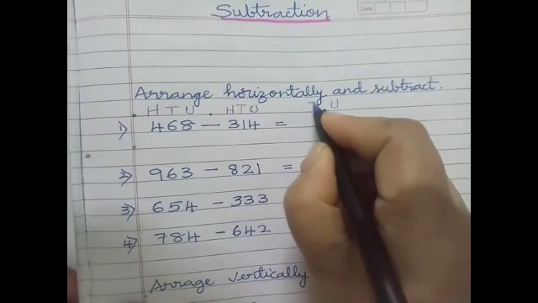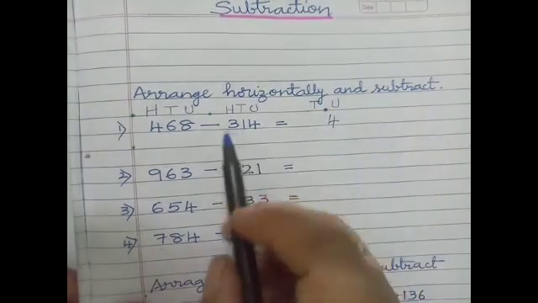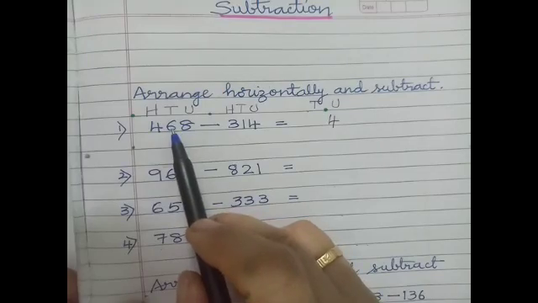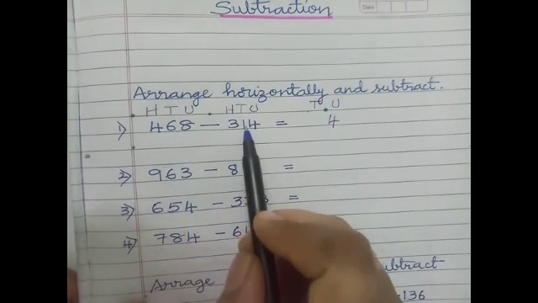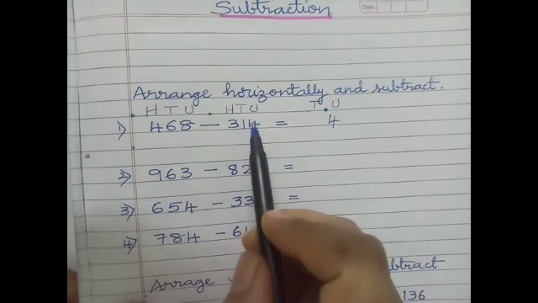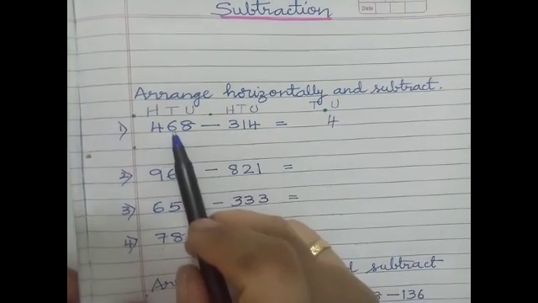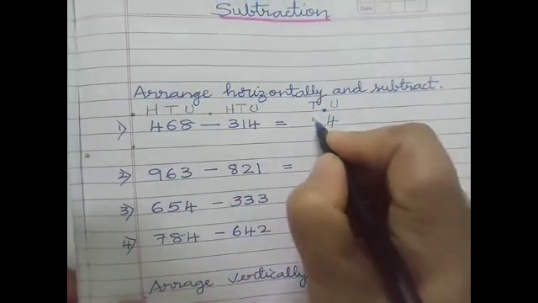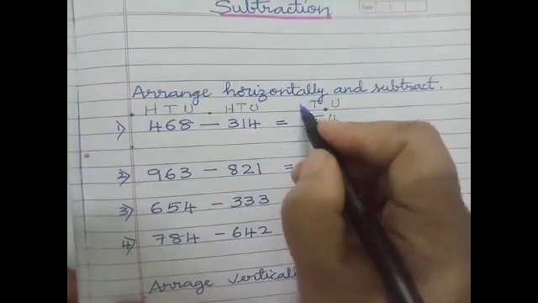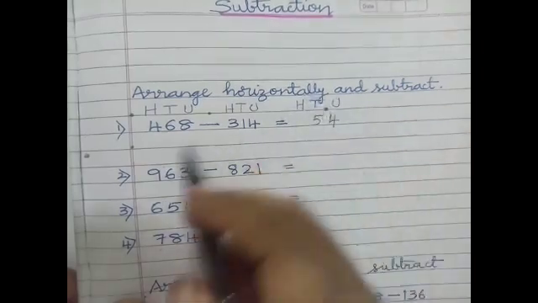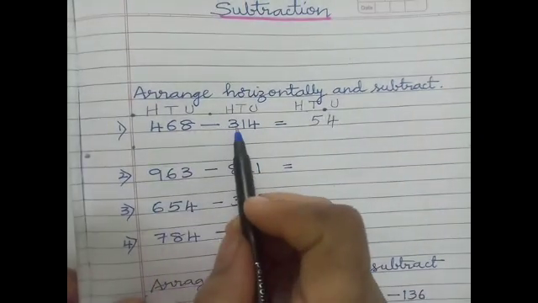Now let us move on to the tens place. In the tens place, we have here 6 and here 1. So 6 minus 1, that is 1 you are taking out from 6. So the answer will be 5. Next, in the hundreds place, 4 minus 3.